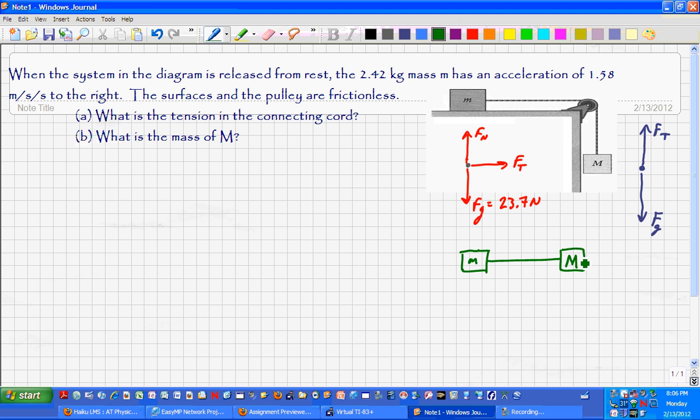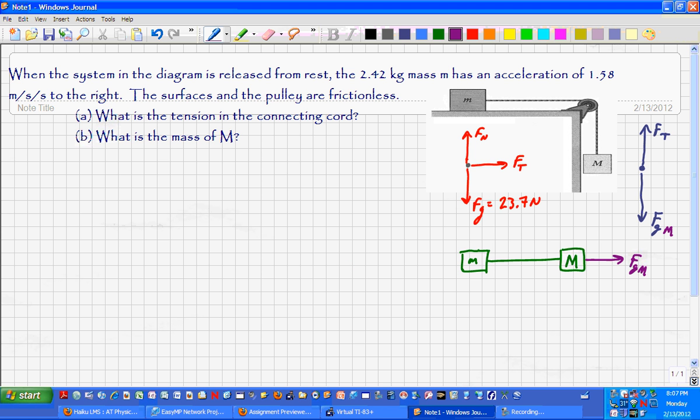There's big M. So on this end we've got f of g for big M, and then over here we've got nothing. There's nothing pulling in that direction.